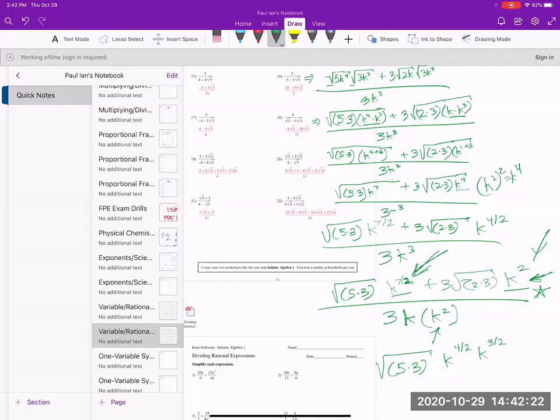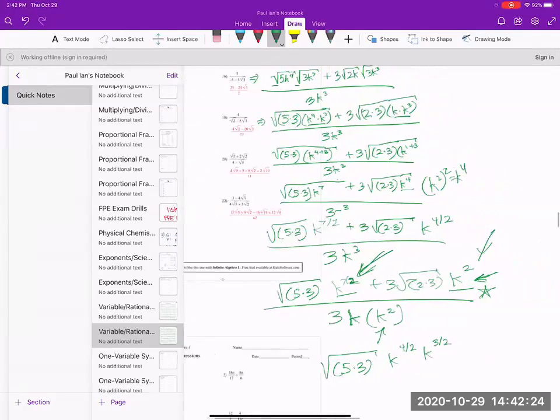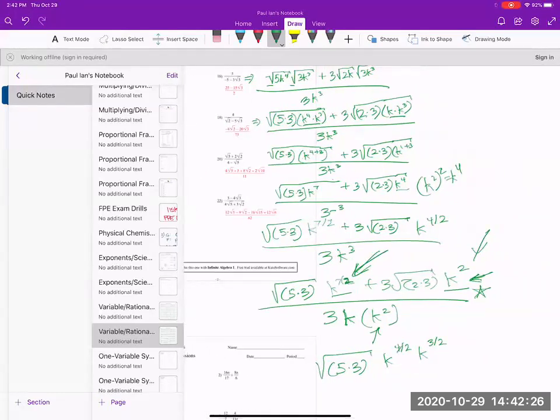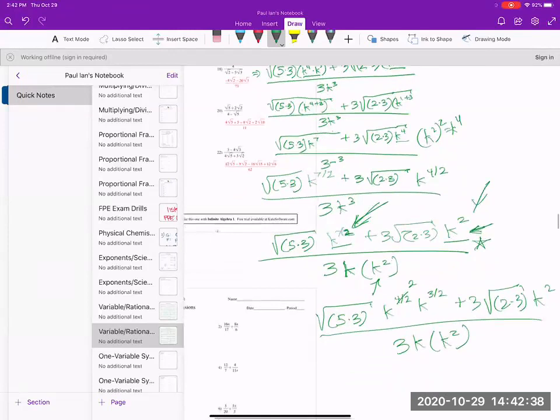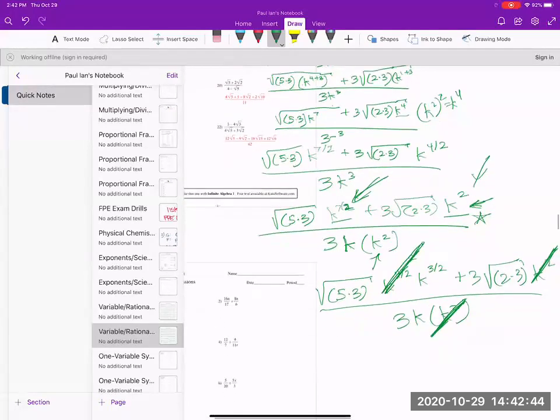Okay, and let's see what happens. So this one, let's just say this is 2 already, so that we can cancel it out. 2 times 3 k squared divided by 3k times k squared. Okay, let's cancel out the k squareds. Cancel that guy, cancel this guy, cancel this guy, right? And let's see what we end up with.